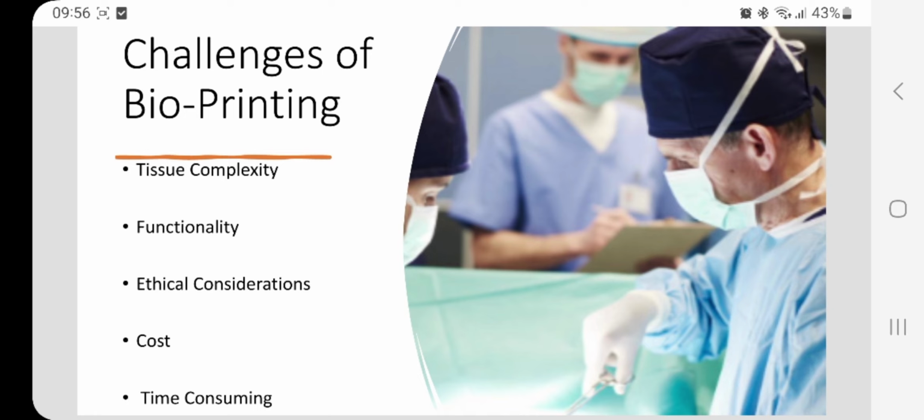All animal cells and tissues are complex, and replicating the complex functionality of human tissues and organs is significantly challenging in bioprinting. Achieving the necessary cellular organization and tissue-specific functions remains difficult for many tissues.